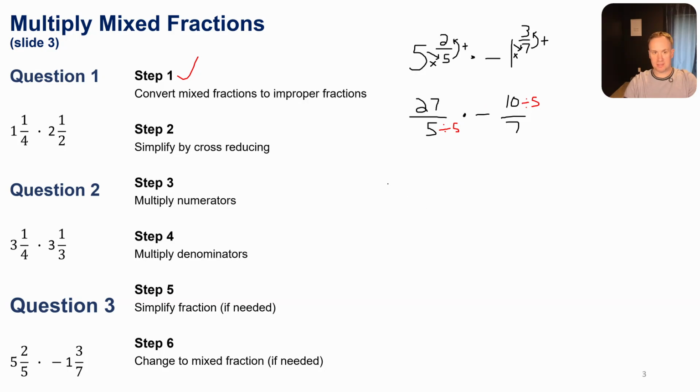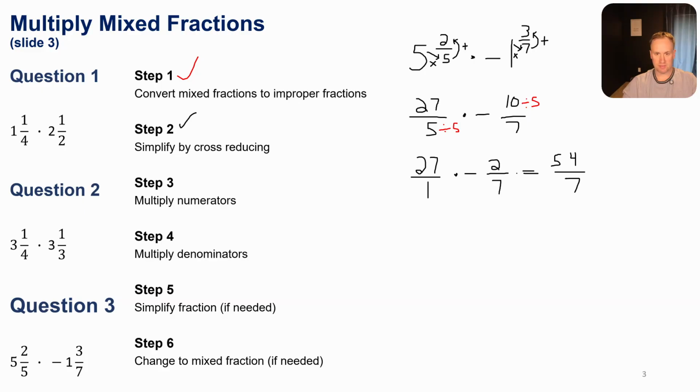But I can rewrite this now as 27 over 1 times a negative. 10 divided by 5 is 2 over a 7 here. Okay, so that's simplified by cross-reducing. Next, we can multiply our numerators. So 27 times 2 is 54. And 1 times 7 is 7.